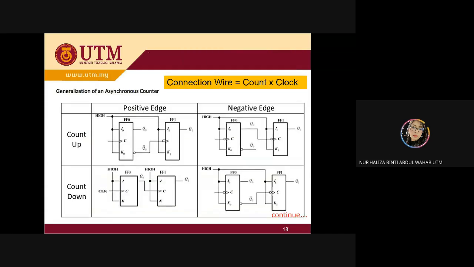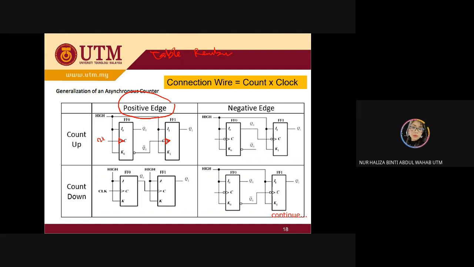Okay, this is a table I want you to remember. First thing, you need to look at positive edge only. For positive edge, this is my circuit of my flip-flop clock.